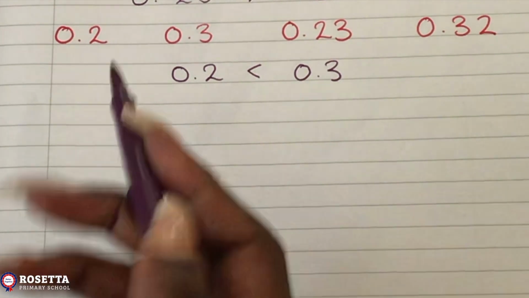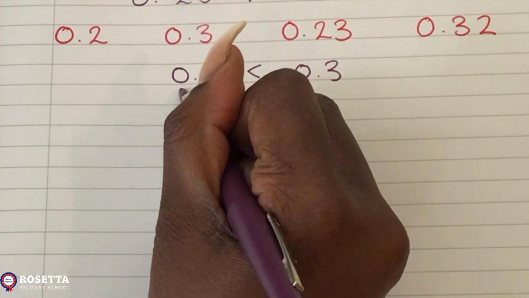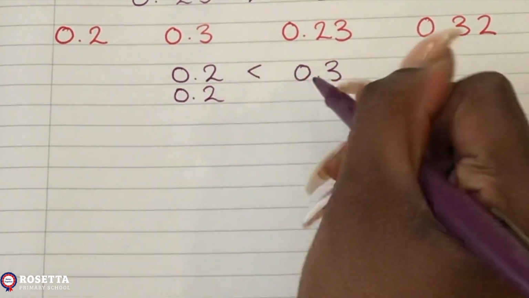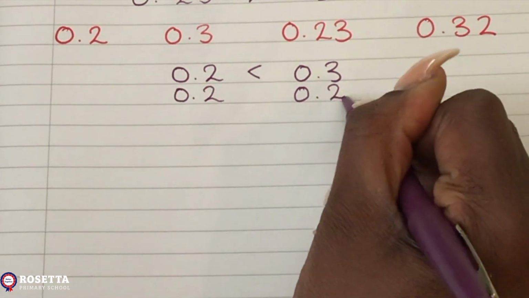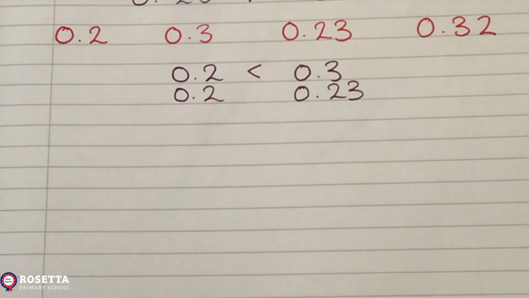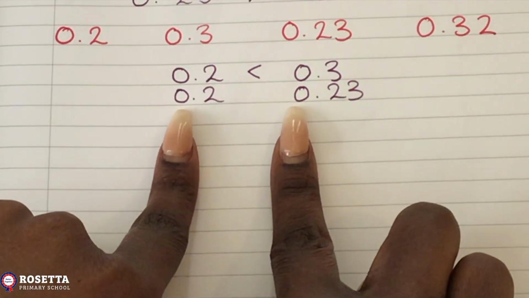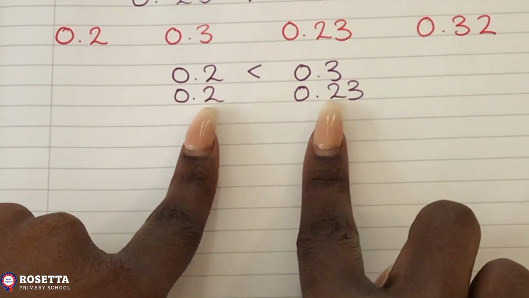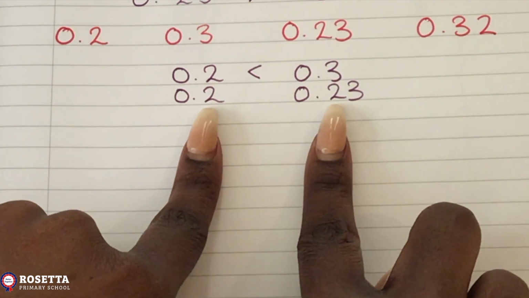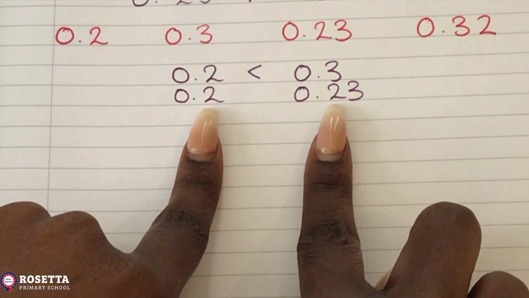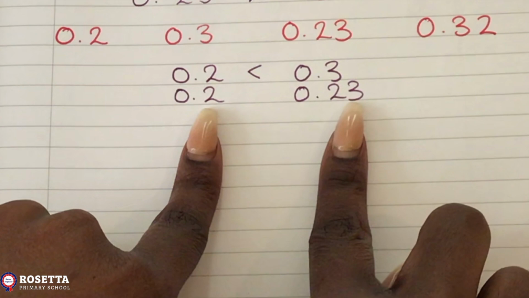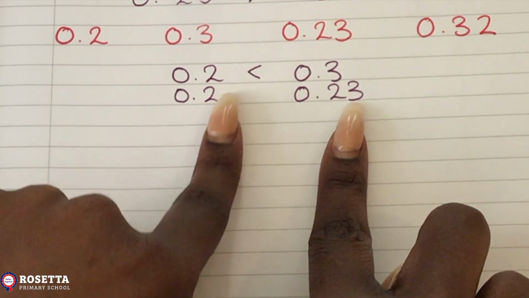Let's try comparing maybe 0.2 and 0.23. Did you give this one a go? Maybe you can help me with it. Both numbers have no ones. Both numbers have 2 tenths. What do we do now? This number has 3 hundredths, but there's nothing there.